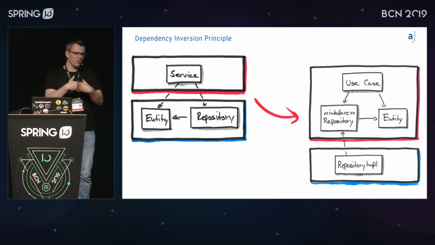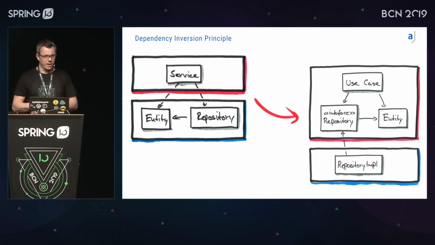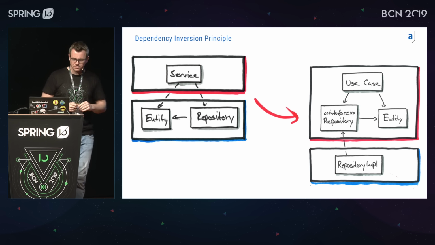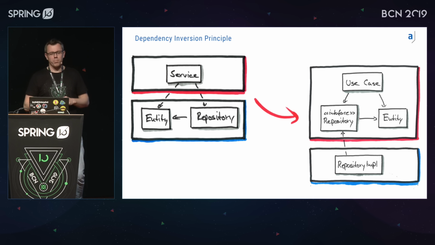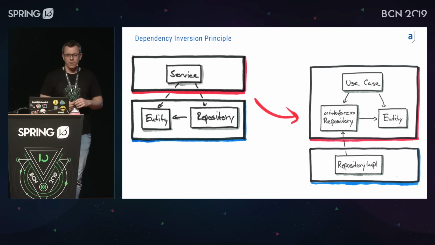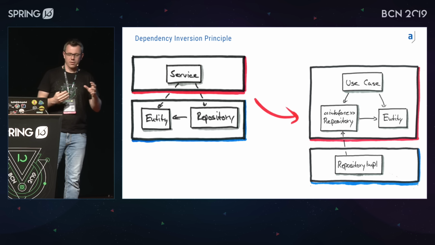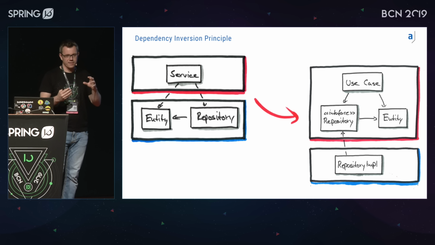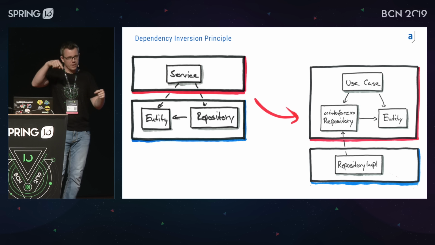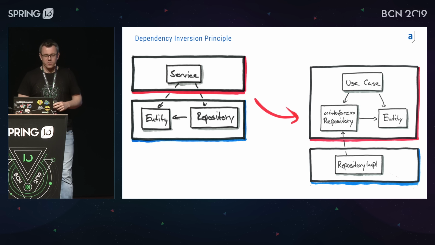So we're coupled to the database through the entity. If we apply the dependency inversion principle, we turn this dependency around so that the domain layer no longer has a dependency on the persistence layer, but the other way around. This is on the right side.